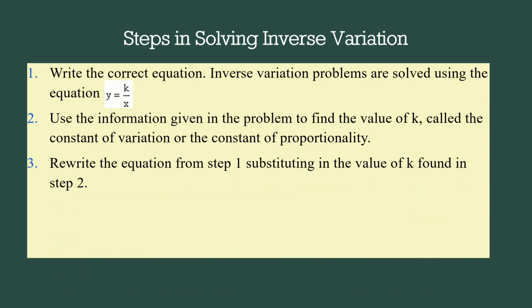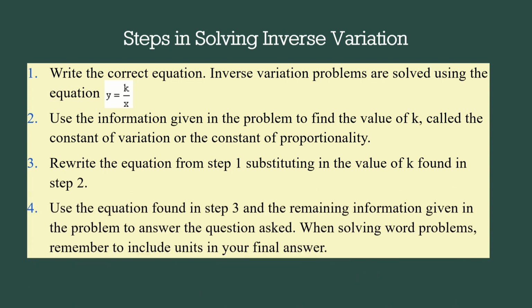Number 3, rewrite the equation from step 1 by substituting in the value of k found in step 2. And lastly, use the equation found in step 3 and the remaining information given in the problem to answer the question asked. When solving word problems, remember to include units in your final answer.